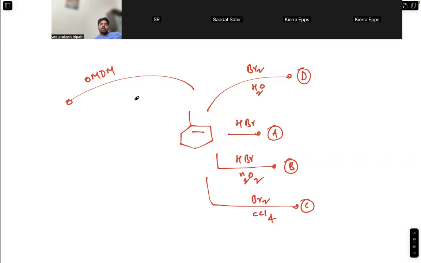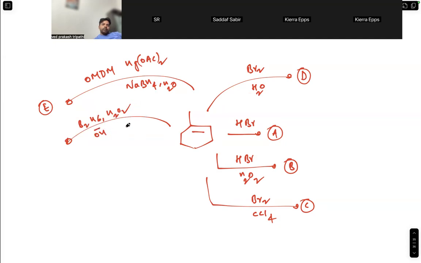OMDM means oxymercuration, demercuration, or we can say Hg(OAc)2, NaBH4 H2O. So this is E. B2H6, H2O2, OH minus. This is HBO, hydroboration oxidation. Sometimes in place of B2H6, we have BH3. So this is F.